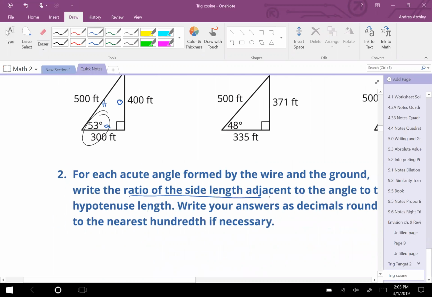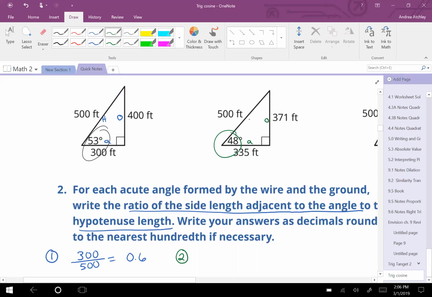Okay, the next one, the second triangle. Paul, what'd you get? I'm sorry? Okay, what's the opposite side for that one? 371. What's the adjacent side?